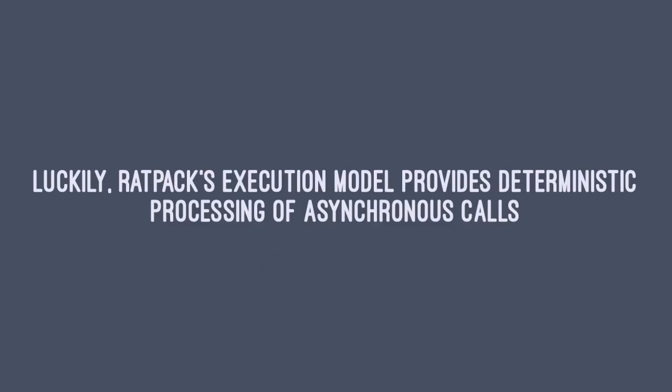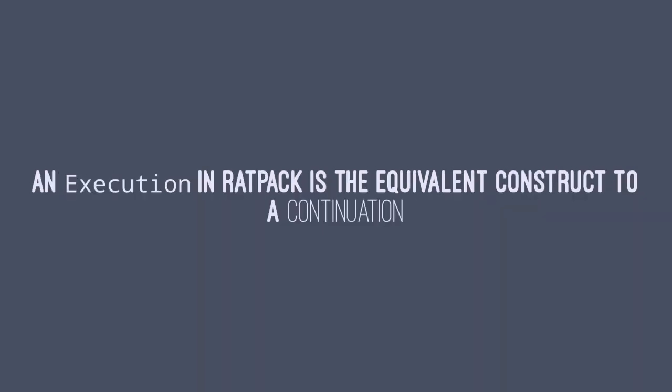Ratpack's execution model provides deterministic processing of these asynchronous calls so that you have a contract, right? You have a guarantee as to what order these asynchronous calls will, number one, be made in, and number two, when that data will be returned. And this is by way of the execution. So when we talk about the execution model, we're talking about a literal construct of something called an execution that sits underneath everything that you do in Ratpack.